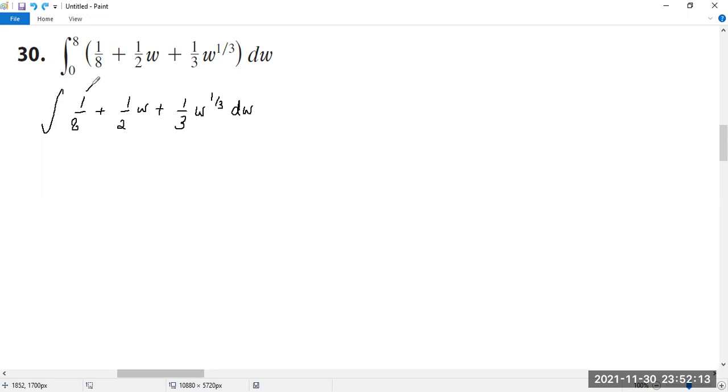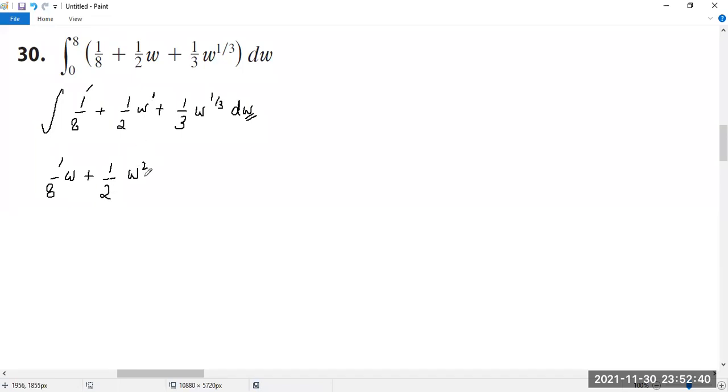The integral of a constant is a constant, so we'll just leave that as 1 over 8, except you tack on whatever you're taking the antiderivative with respect to, which in this case is w, and then plus, you're ignoring the constant, and so then you're taking the integral of this w here.